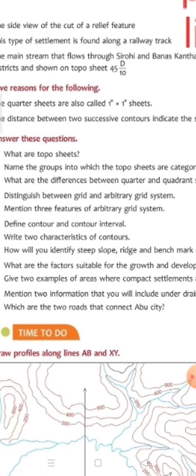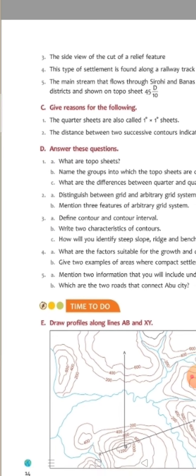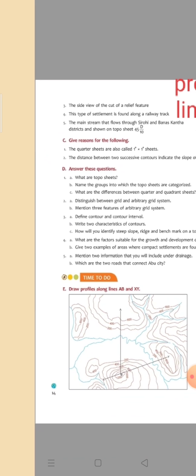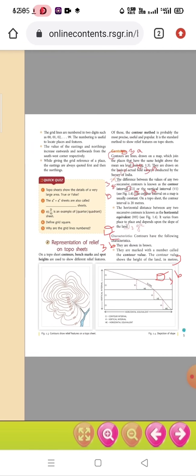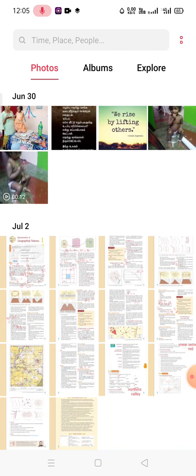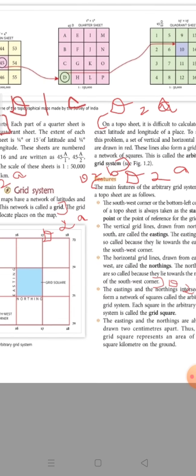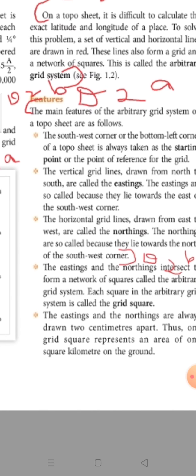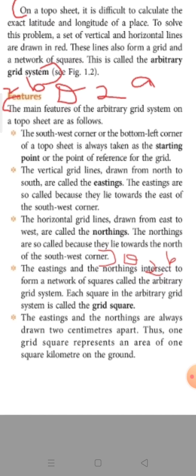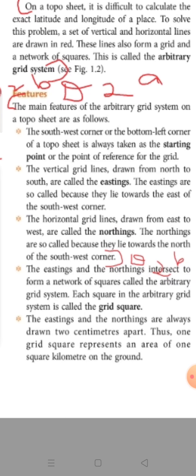Mention 3 features of the arbitrary grid system. The main features of the arbitrary grid system on a topo sheet are as follows.